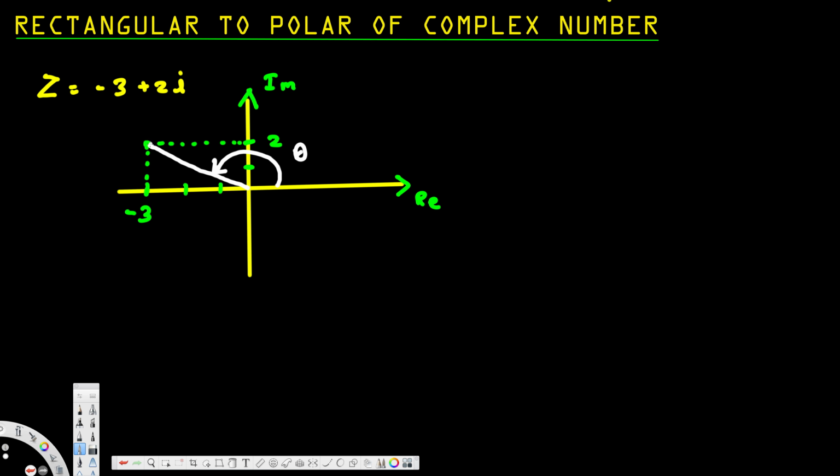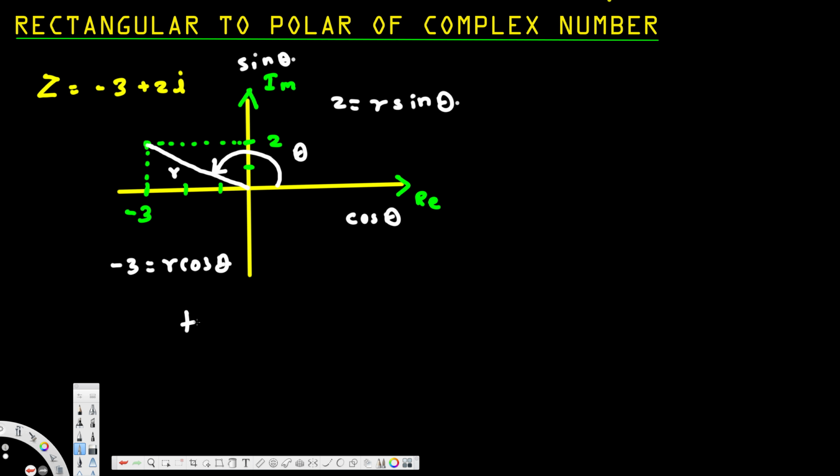So to calculate this, we can use tan theta. In polar coordinates our x is going to be r cos theta, and y is going to be r sin theta, where this is our r. So this -3 is equal to r cos theta, and this 2 is equivalent to r sin theta.